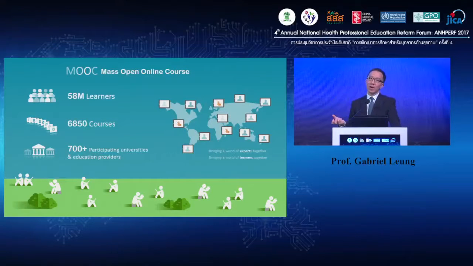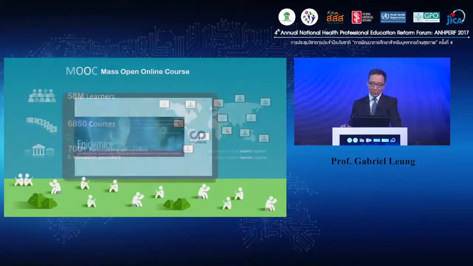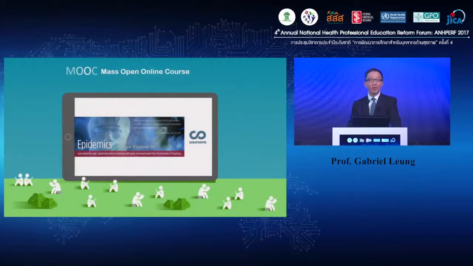Now, those are small group teaching, and if you now take it to the other end of the spectrum and look at MOOCs, or massive open online courses. Of course, everybody knows about MOOCs, but what we do is we actually do it ourselves. So we've been offering, or at least I have been foolish enough to offer, Hong Kong U's first MOOC in epidemics.